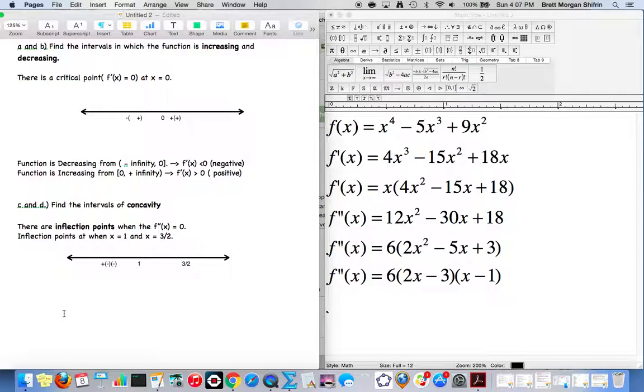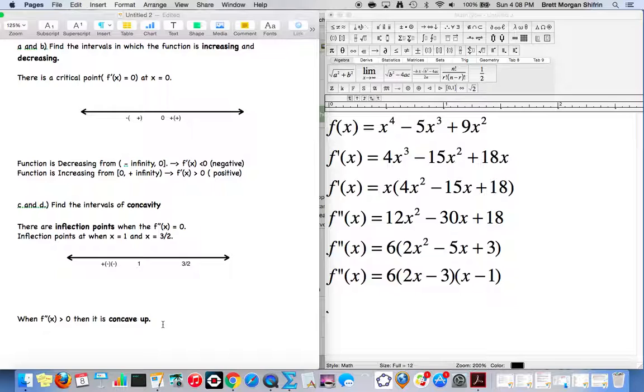So we can conclude that when the second derivative is greater than 0, then it is concave up. Okay?